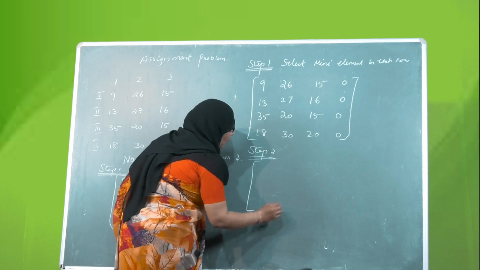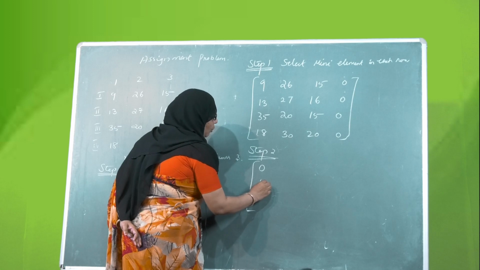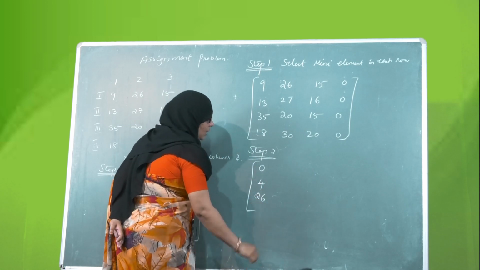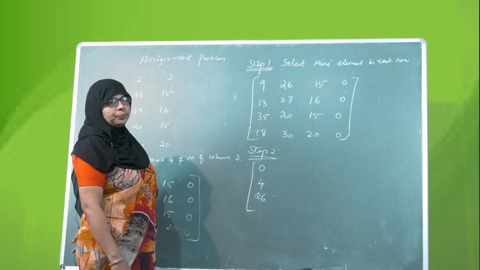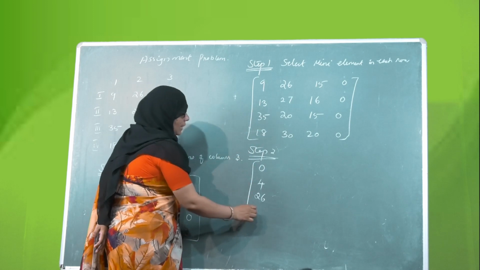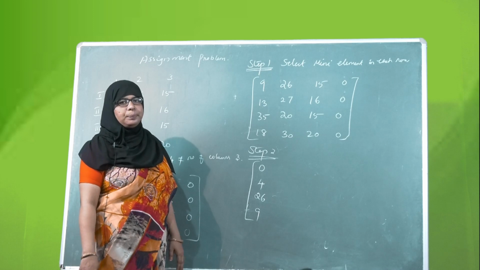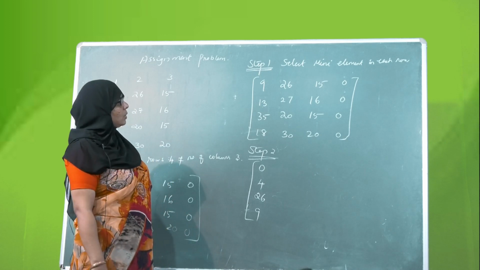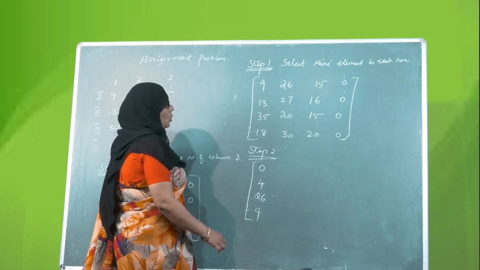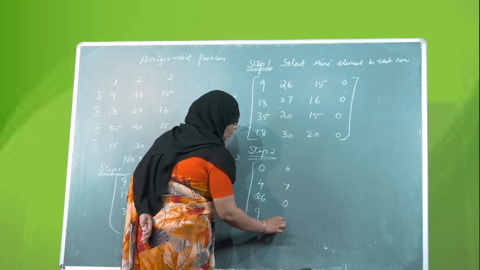So what we get? 0, 13 minus 9, 4, 35 minus 9, 26, 18 minus 9, 9. So what is the minimum element in second column? 20 is the minimum element in second column. So the answer is 6, 7, 0, 10.